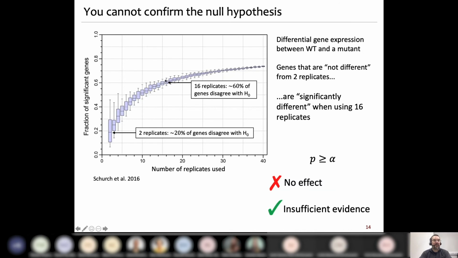With increasing number of replicates, we increase sensitivity of the experiment and discover more and more changing genes, but we cannot say anything about the remaining genes. If your p-value is greater than an assumed limit, you cannot say that there is no effect. That would be an incorrect conclusion. You can only say that you have insufficient evidence to make any conclusions.